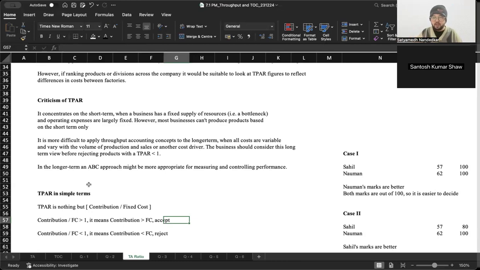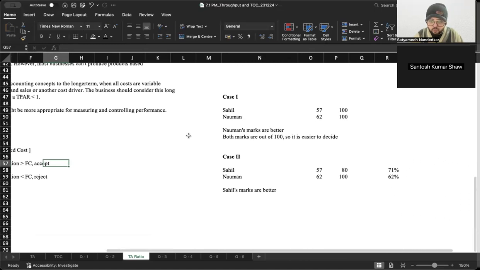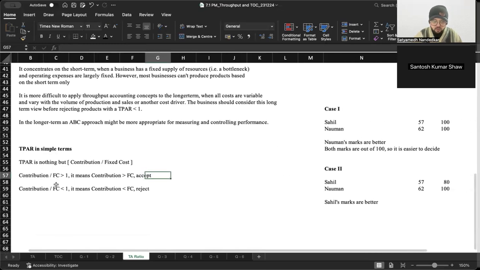You should accept the preparation of that product. Otherwise, you will have to discard that particular product. And in case 2, if contribution upon fixed cost is less than 1, that means contribution is less than fixed cost. That means you have to reject the proposal.